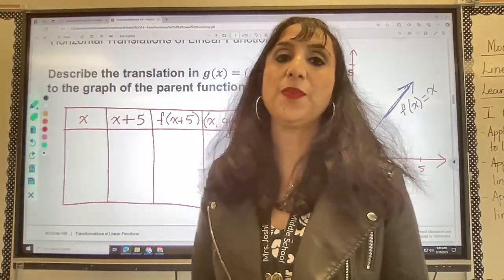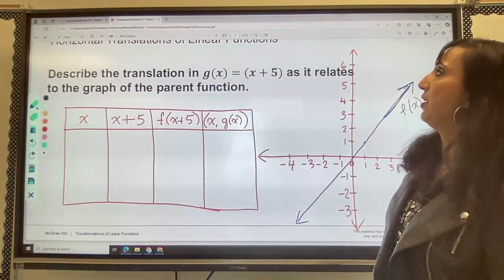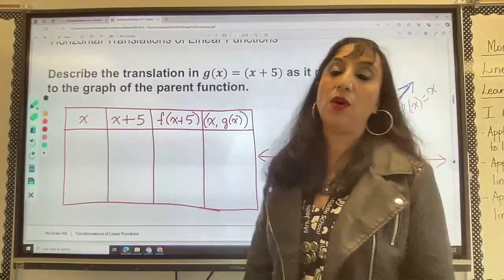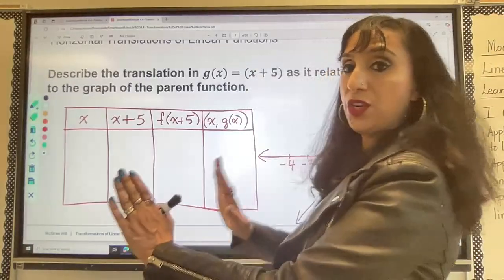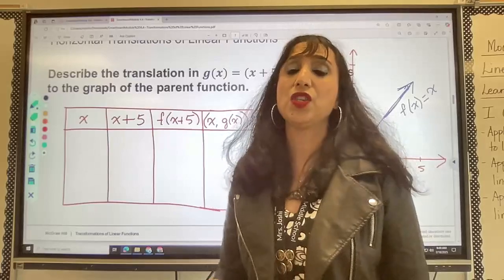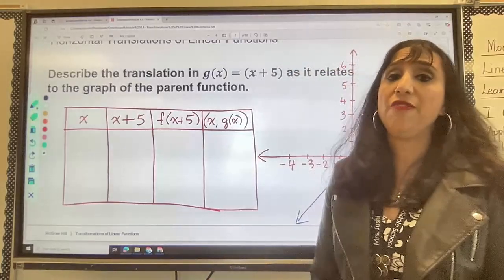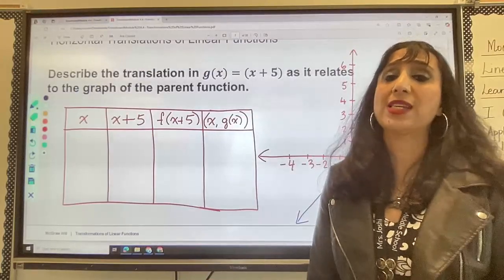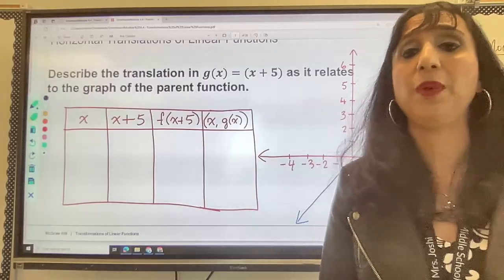So let's look at this problem. It is talking about horizontal translations of linear functions. And I just showed you that horizontal is moving either left or to the right, and vertical is moving up or down. Okay, so it's saying describe the translation in g of x is equal to x plus 5 as it relates to the graph of the parent function.